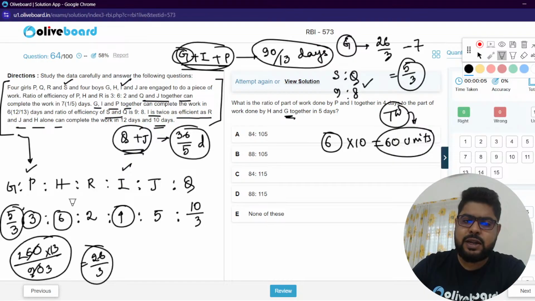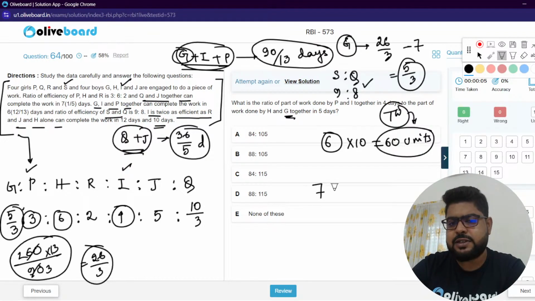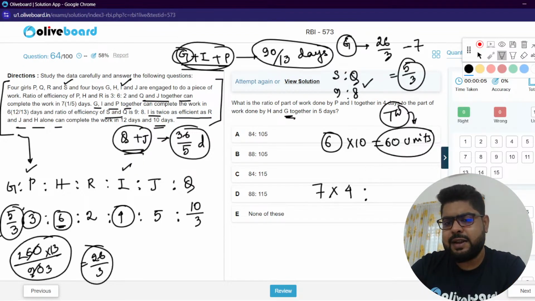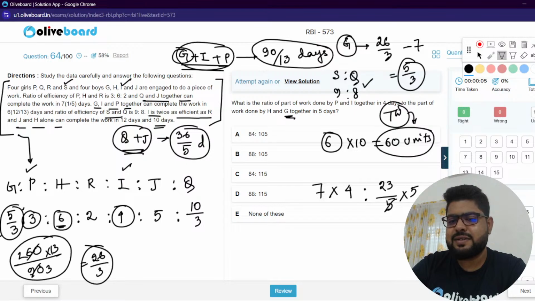P 3 units and I 4 units, 7 units in 4 days. Ratio, sir, H and G. H is 6, G is 5 by 3, 6 plus 5 by 3, meaning 3 sixes are 18 plus 5, 23 by 3 into 5 days.